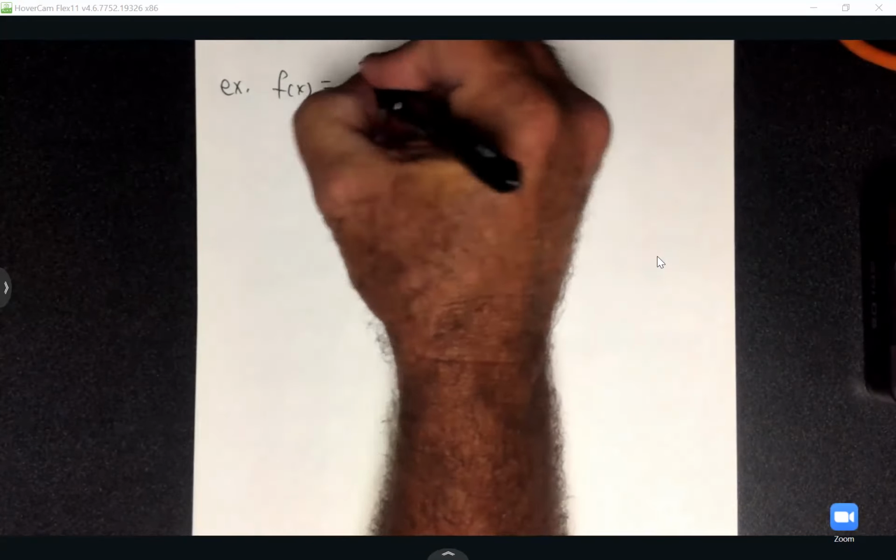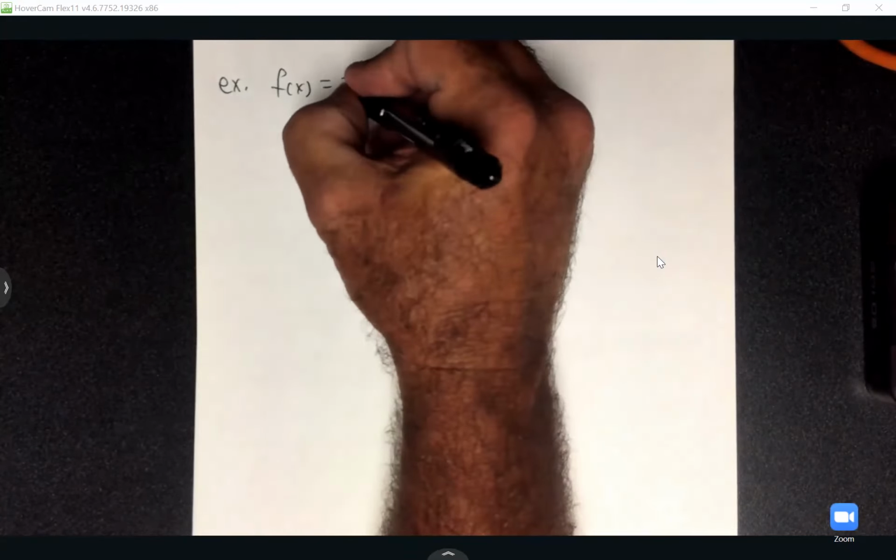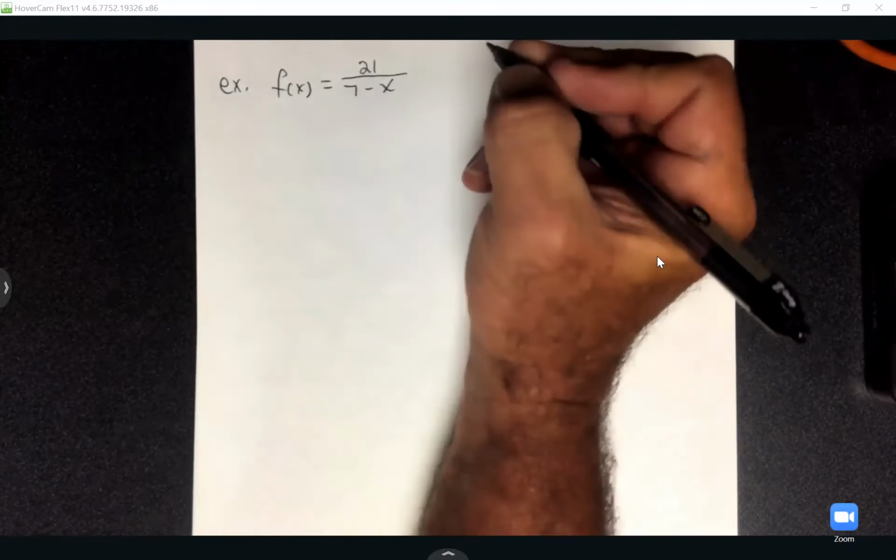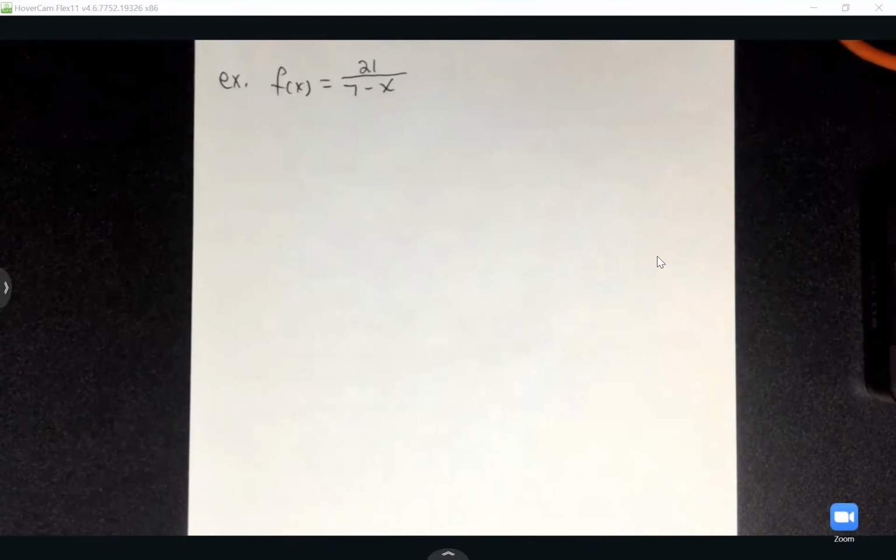What if I had 21 over 7 minus x? Any numbers I need to exclude from this domain?